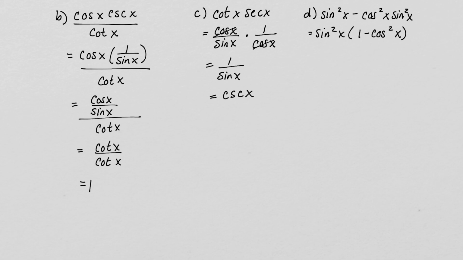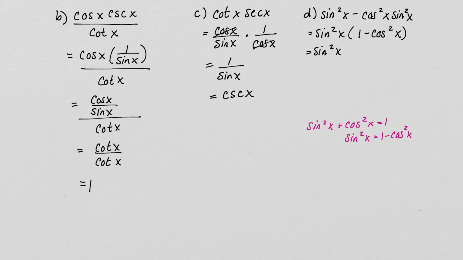And if you remember, we had that Pythagorean identity that said sine squared x plus cosine squared x equals 1. So if I subtracted cosine squared x from both sides, I would have that sine squared x is 1 minus cosine squared x. And if you happen to notice, here we happen to have 1 minus cosine squared x. So I can replace that with sine squared x.